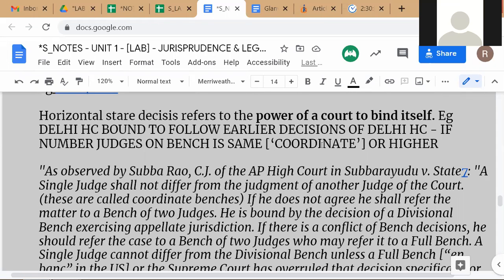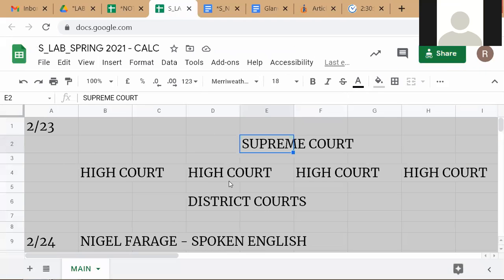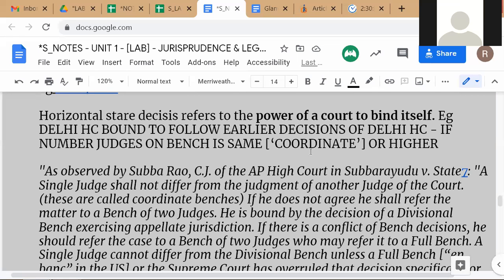So a three-judge bench of the Delhi High Court is a coordinate bench for any further case being decided by a three-judge bench, a coordinate bench in terms of strength. So horizontal stare decisis is the power of a court to bind itself. I gave you the example of the Delhi High Court following its own decisions, because the court also wants to be consistent as far as possible.